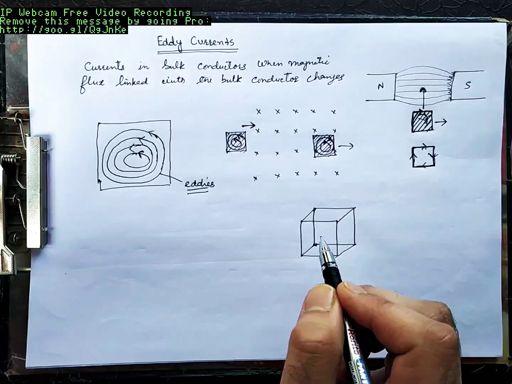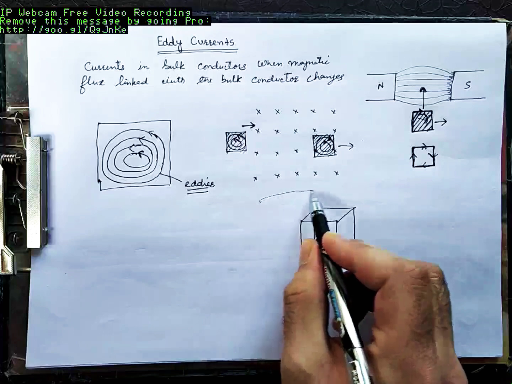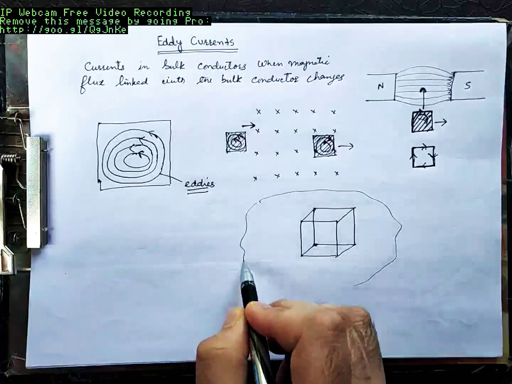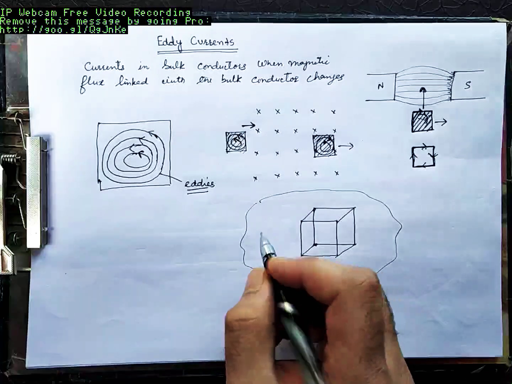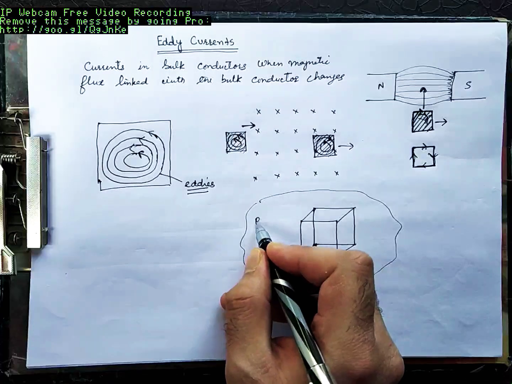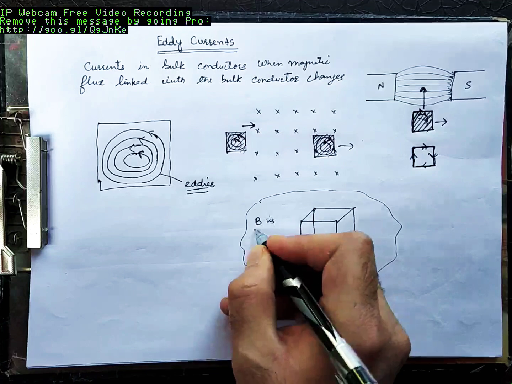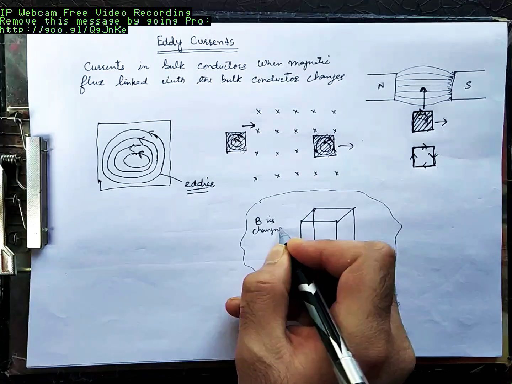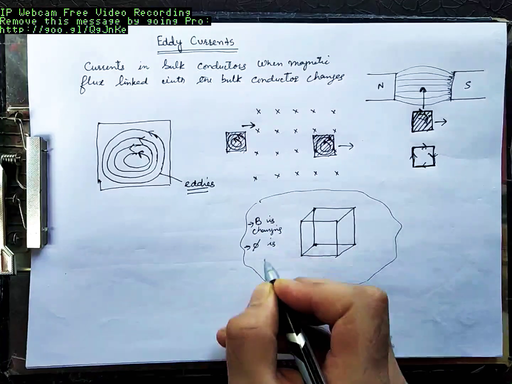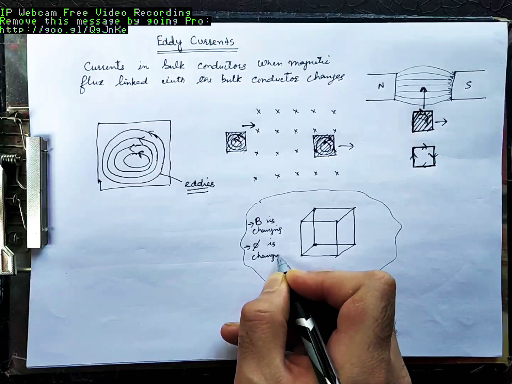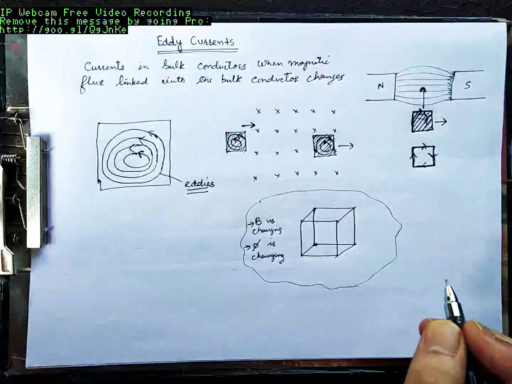This cuboid is placed in a space where magnetic field B is changing, or we can say flux phi is changing.